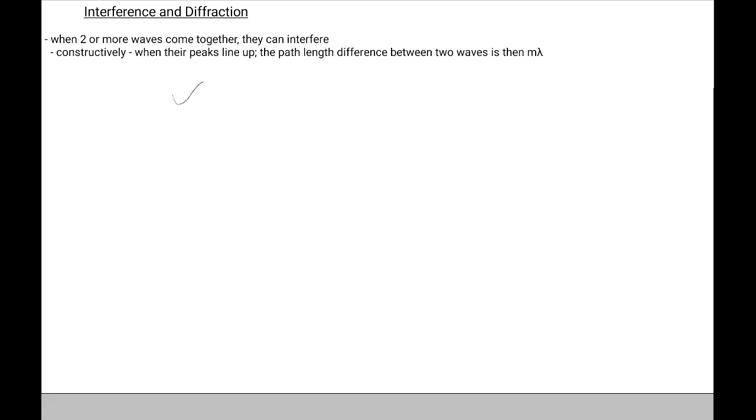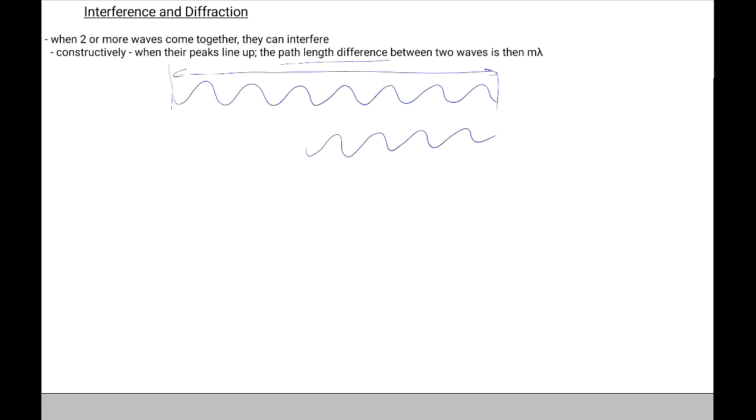So here we have one wave, and here we have a second wave. What we mean by the path length difference is the difference in length traveled by one wave and the other.